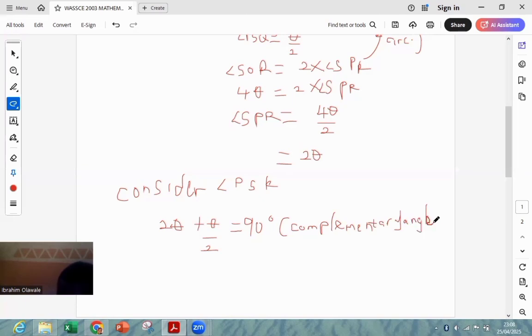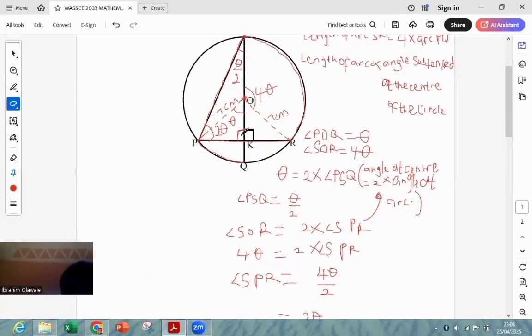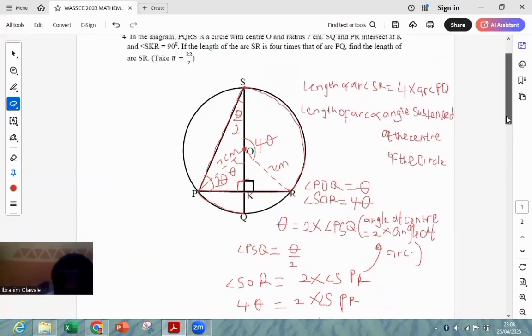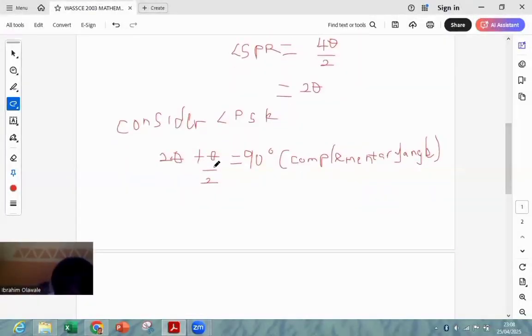Now, why do we say this is complementary angle? Since if you observe this right angle triangle here, we already have one of the angle to be 90 degree, and that means that the two other angles must add up to 90. So which confirms the property that two angles are said to be complementary if they add up to 90 degree. So when we simplify this by our knowledge of LCM, we can clear the fraction by multiplying through by 2.